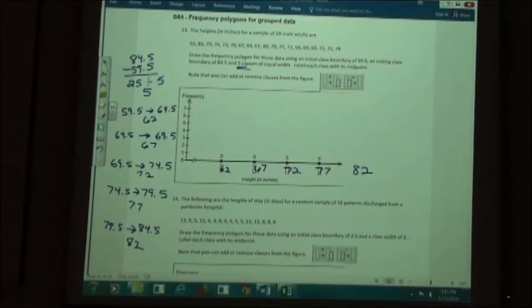So again, just hit Stat 1, clear out your list, and then we got to put in all those 19 numbers.